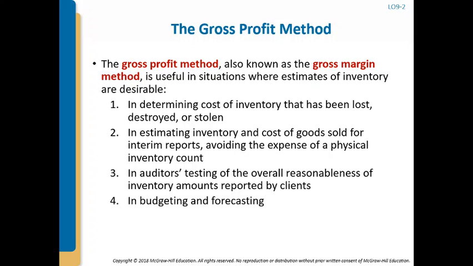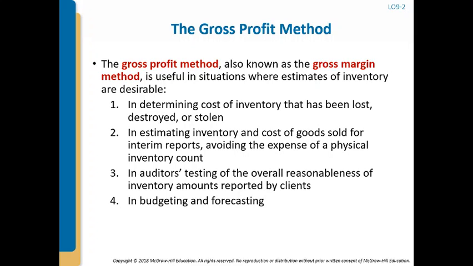Now, this is not GAAP, so you can't use this for end of year financial statement purposes, but you can use it for some other purposes. Those purposes are if you have lost, destroyed, or stolen inventory, you can determine the cost of the inventory that's been lost, destroyed, or stolen.